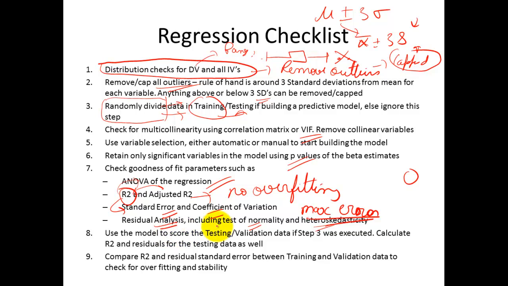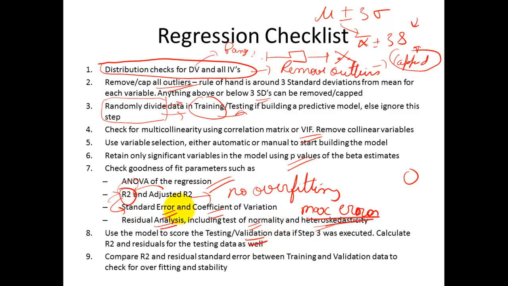Once you finalize the model on the testing data, you can use the model to score the validation data and recreate the same analysis again. So check for R square. You can compute the R square simply as the square of the correlation between the validation predicted data and the actual value of the dependent variable.